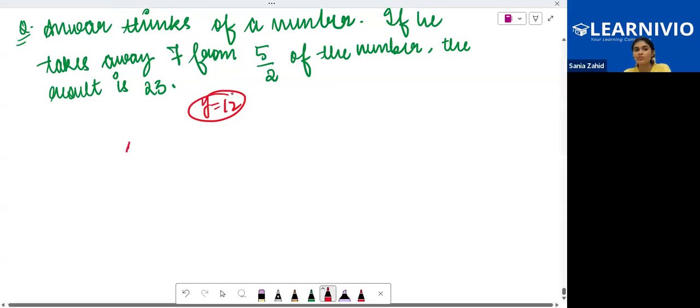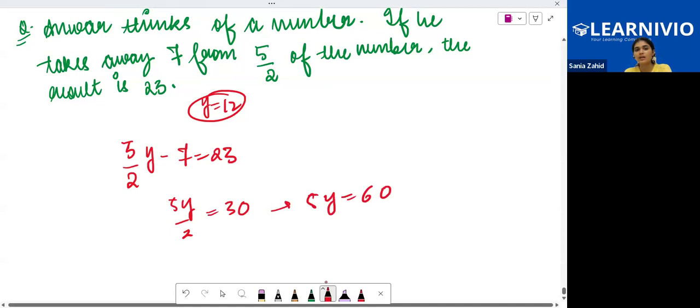So what will 5 by 2 of the number be? 5 by 2x. Okay, you guys took y, so let's take y. Minus 7 will give me 23. So 5y by 2 will give me 30. Then 5y will give me 60, and then y will give me 12. Okay, correct.